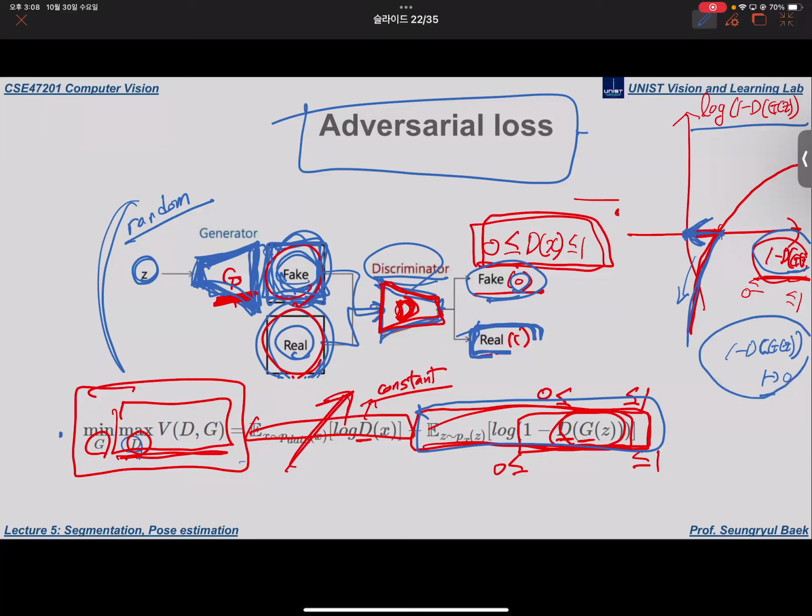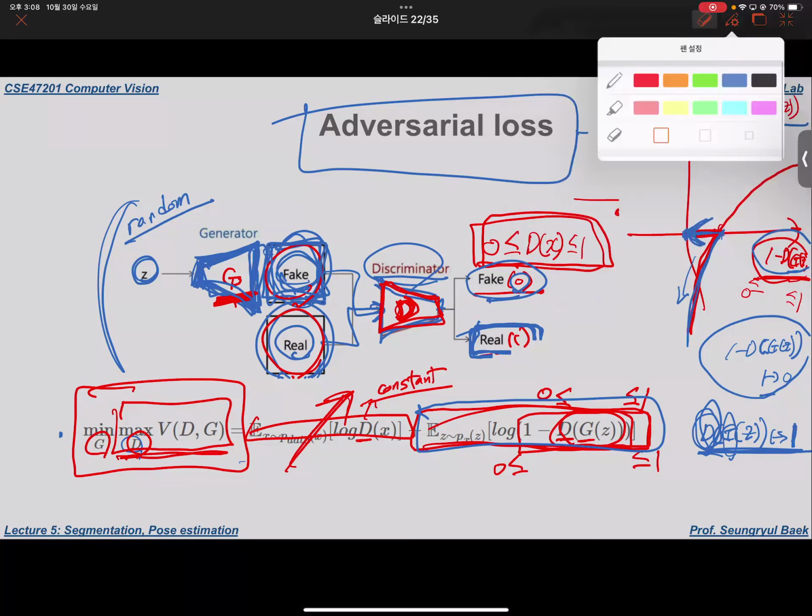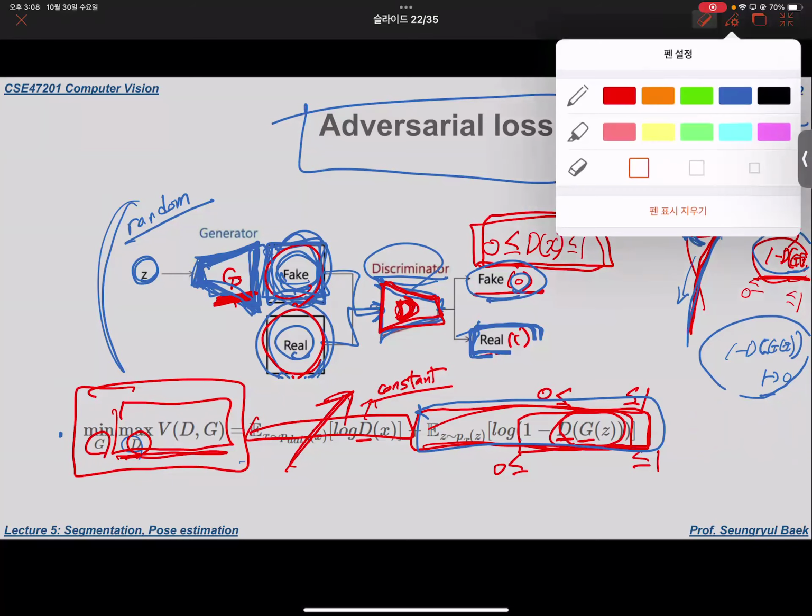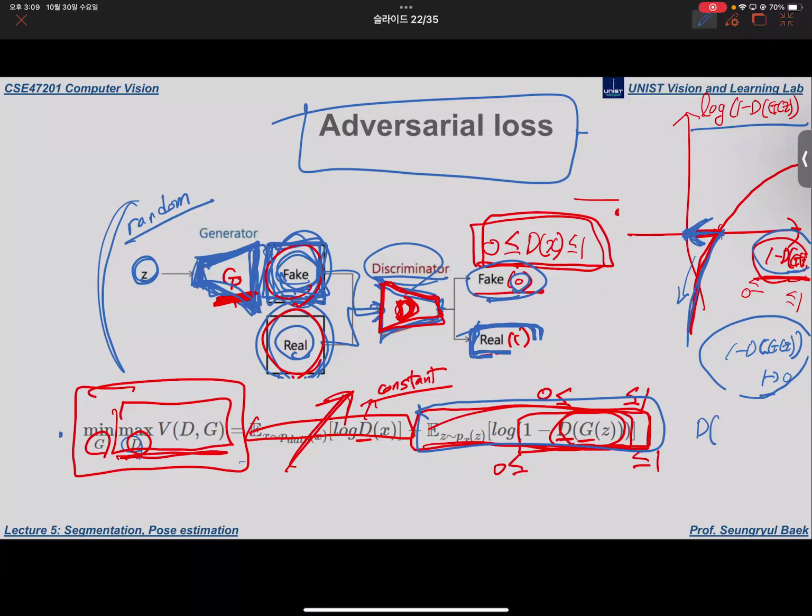So this happens, and it means D(G(z)) has to go to 1. This means when D is constant, which is frozen, the discriminator network is frozen and only G will be trained, okay? So given the discriminator network, this should go to 1.